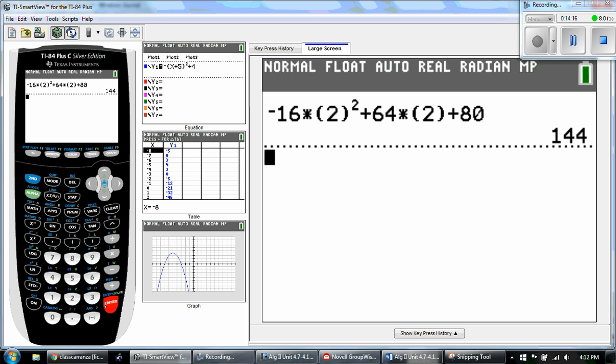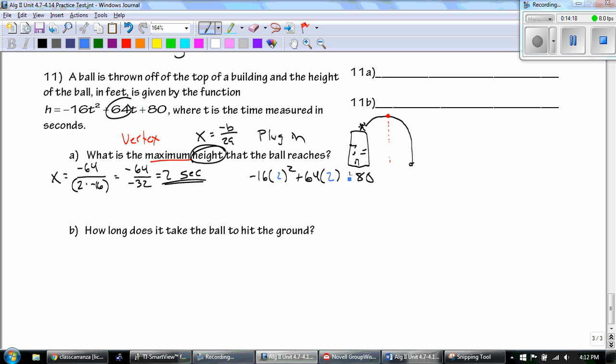And then we get our height of 144. So that is h equals 144 feet. Sorry, there's our equation right there. So our first answer is 144 feet. So right here is 2 seconds.